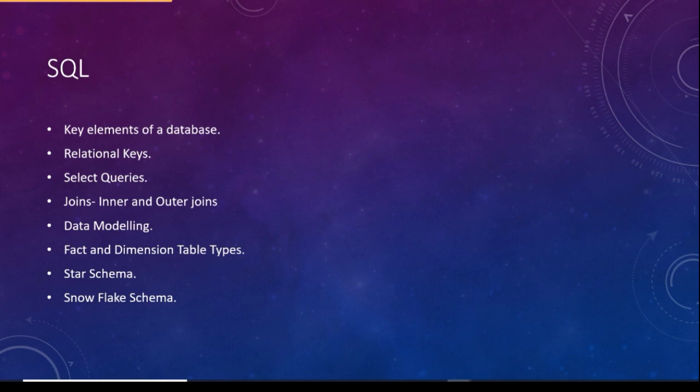With manual testing, SQL is also necessary. In SQL, we can learn about the key elements of a database, relational keys, select queries, joins, which are inner and outer joins, data modeling, and many more. Why is SQL necessary? Sometimes we check the data from the database. Suppose as a tester, we are entering data on a form, and we have to test whether that particular data is appearing properly in the database or not.